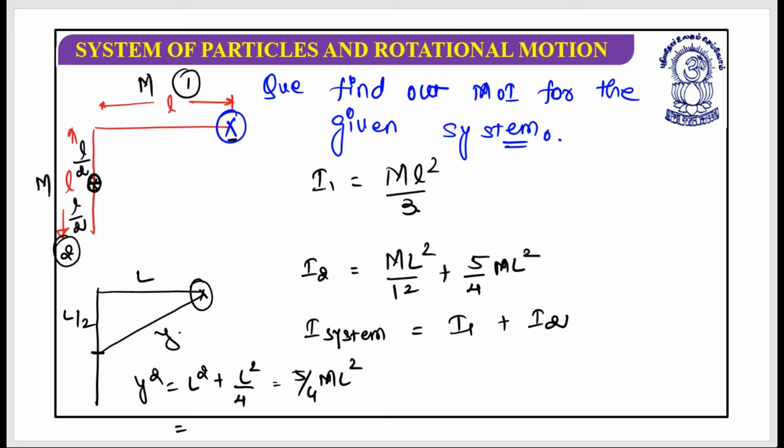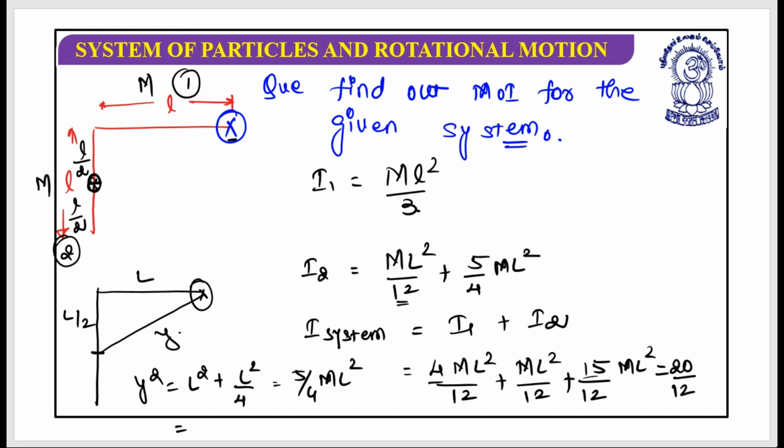Adding I1 plus I2, with ml square by 3 written as 4 ml square by 12, plus ml square by 12, plus 5 by 4, which is 15 by 12 ml square. So 4 plus 15 is 19, plus 1, it is 20 by 12 ml square. Now you can solve this and get it done: 4 threes and 4 fives, so it would be 5 by 3 ml square.